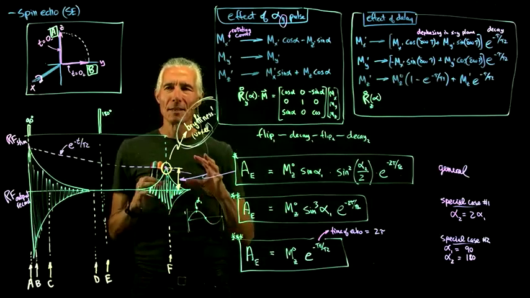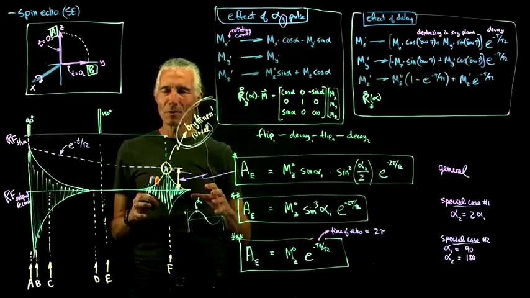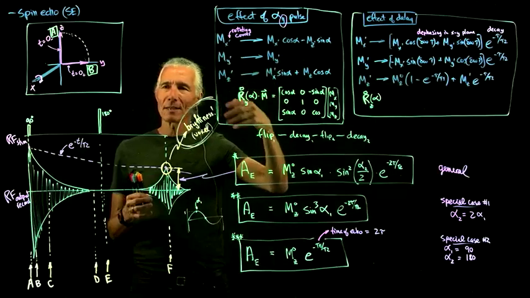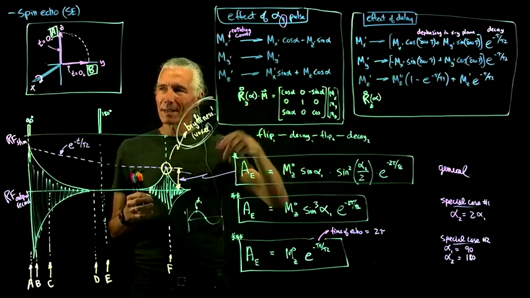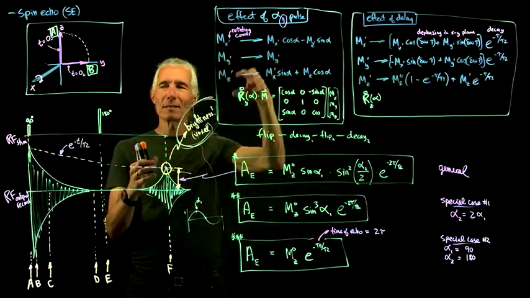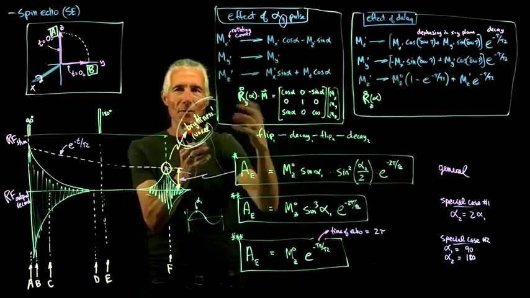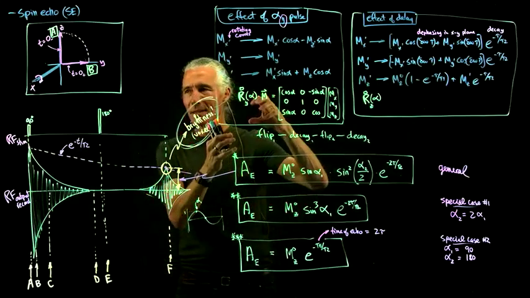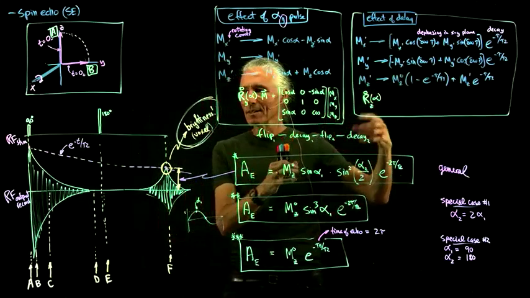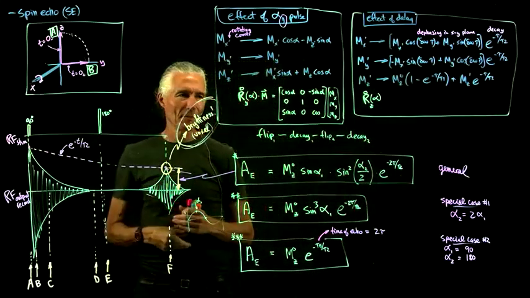But just to keep in mind the overall picture of what we're doing. All we're doing is we're just sort of operating the Bloch equation on the output of the Bloch. It's like recursive application of the Bloch equation. So you run the Bloch equation, you get something. Whatever you get, you stick it back into the Bloch equation and run it some more. And then whatever you get, you stick it back into the Bloch equation and run it some more. That's what's going on.